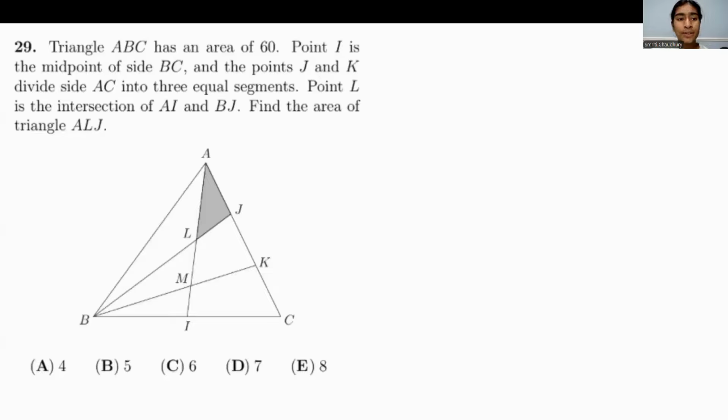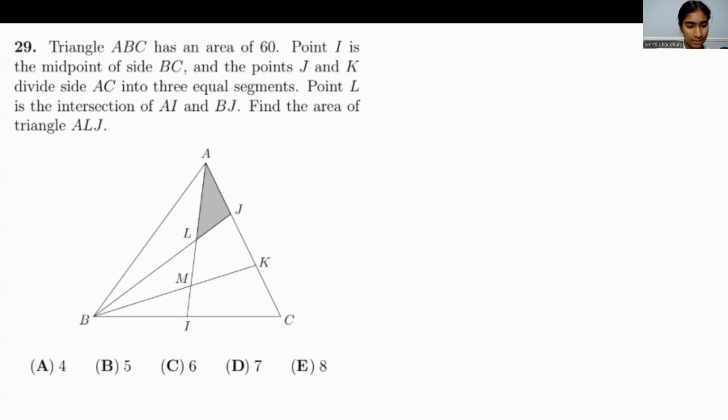Number 29. Triangle ABC has an area of 60. Point I is the midpoint of side BC, and points J and K divide side AC into 3 equal segments. Point L is the intersection of AI and BJ. Find the area of triangle ALJ.